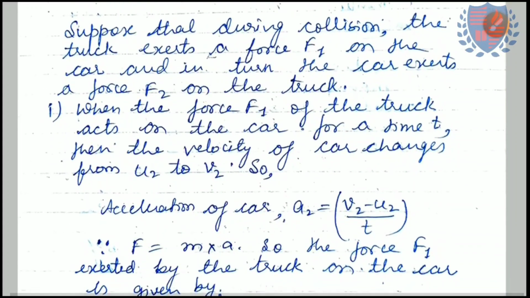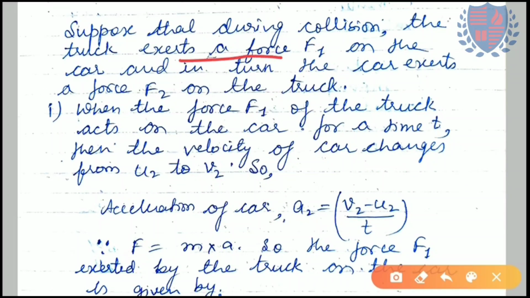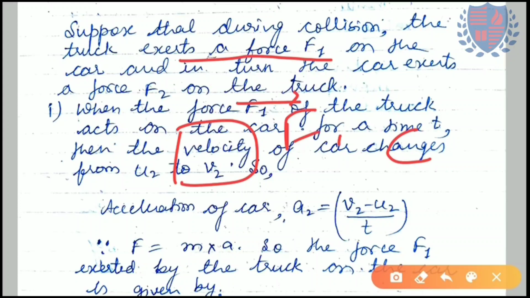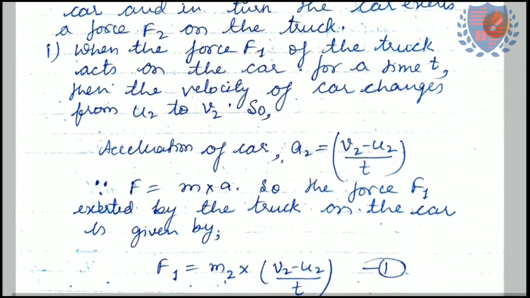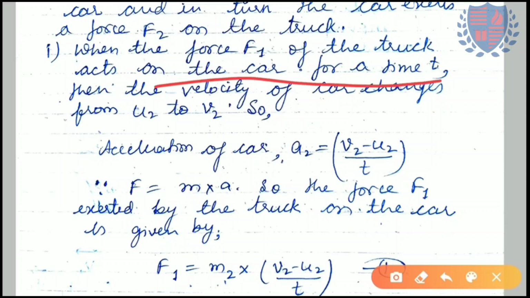Suppose that during collision the truck exerts a force F1 on the car, and in turn the car also exerts a force F2 on the truck. When the force F1 of the truck acts on the car for a time t, the velocity of the car changes from u2 to v2.